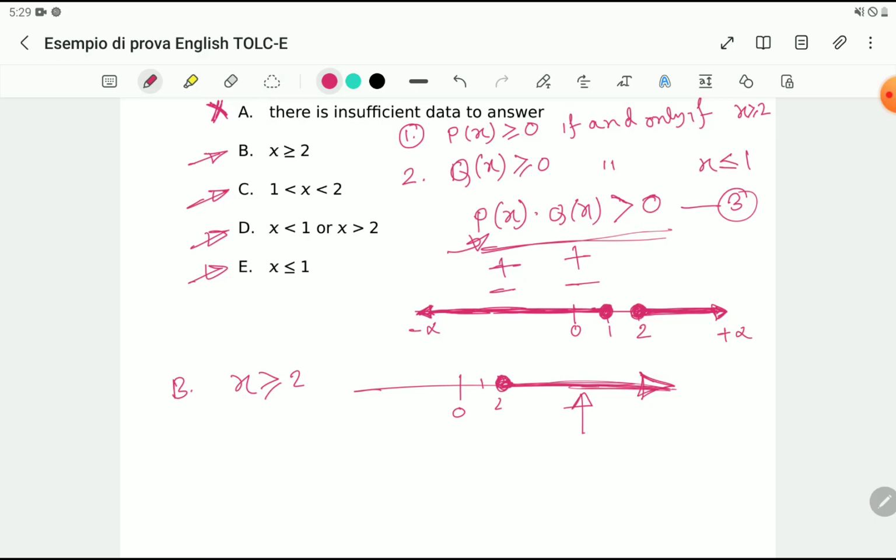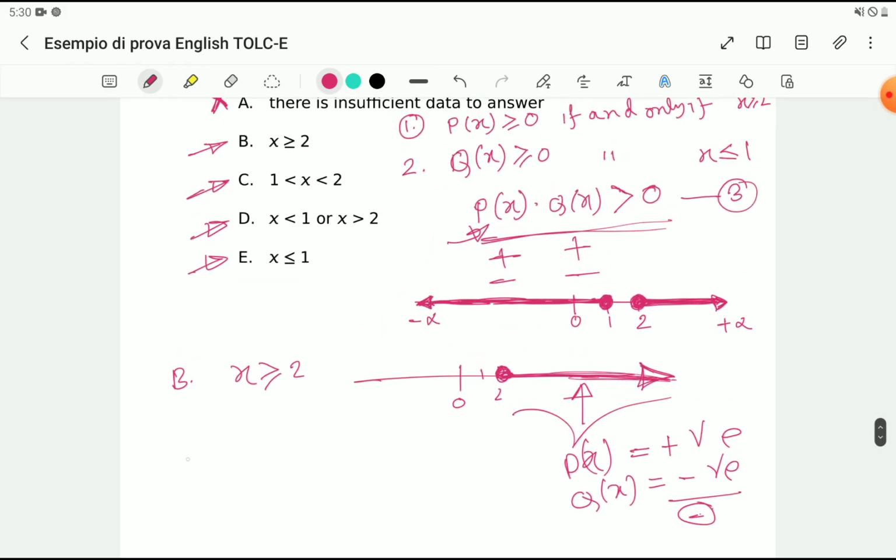Why? This value gives only a positive value for px, but a negative value for qx. That means the ultimate value, if we multiply, would be negative. That means inequality 3 is not correct for option B.